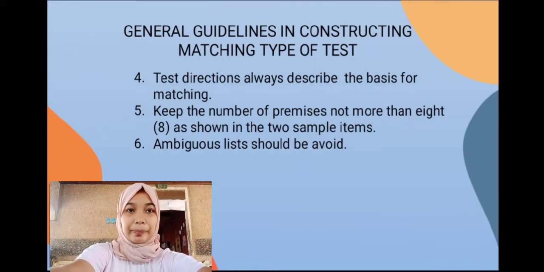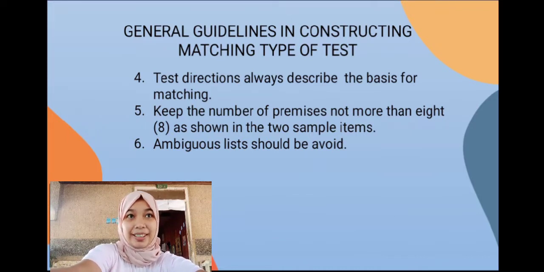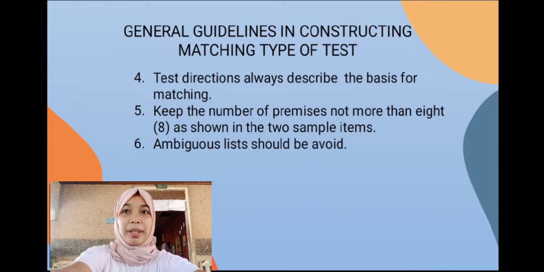Number 4, test directions always describe the basis for matching. So, "match column A with column B" is a no-no in matching type. Describe clearly what is to be found in the two columns, how they are associated, and how matching will be done.